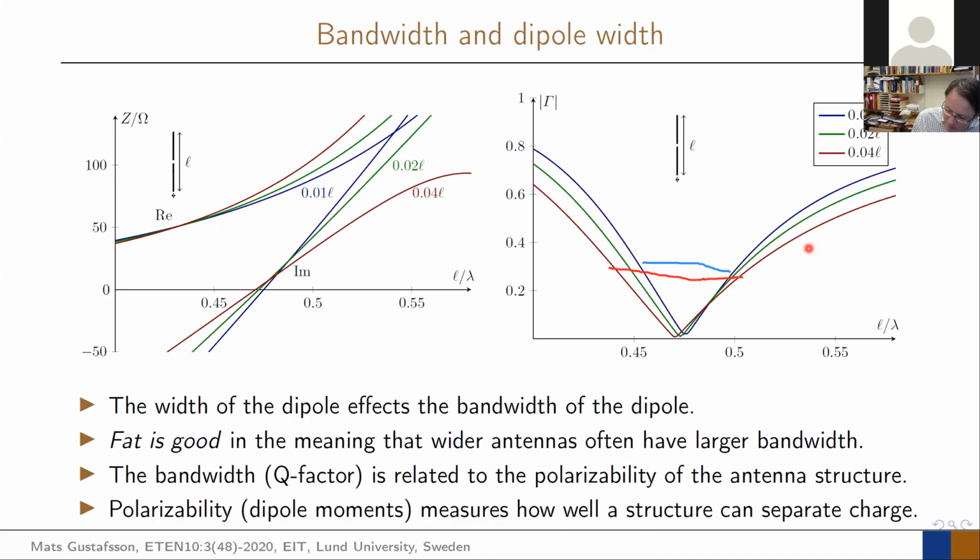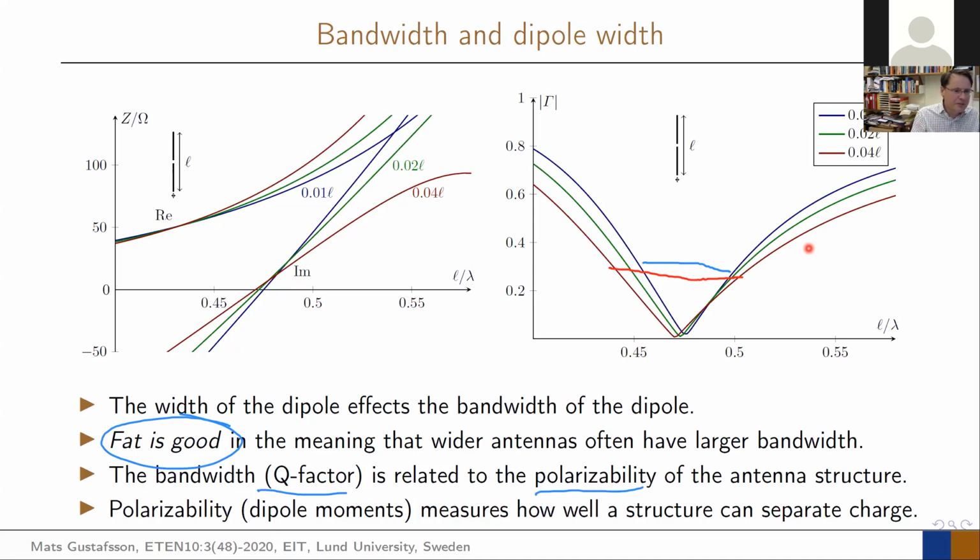And this is something that sometimes it's said with these antennas, that fat is good. That is in the meaning that wider antennas typically have a larger bandwidth. And what can be shown in these cases is actually that the bandwidth, which was inversely proportional to the Q factor, is related to something which is called the polarizability of this antenna.